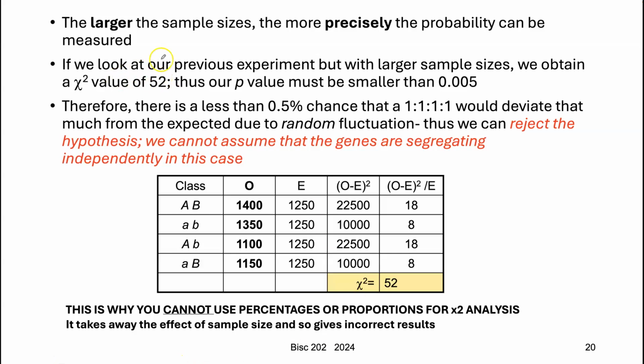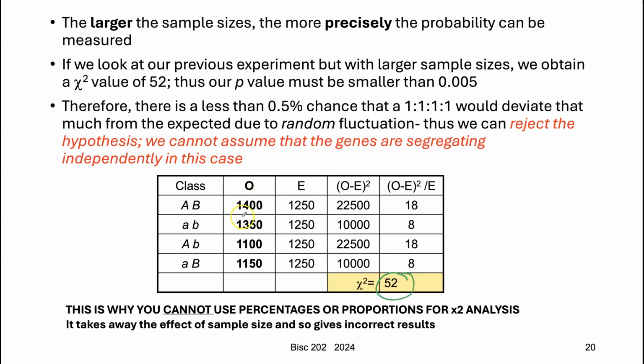I also want to point out that the larger the sample sizes, the more accurate we can be. Suppose we had 5,000 progeny instead of 500. The numbers are larger, and the chi-squared value that we calculate is larger.